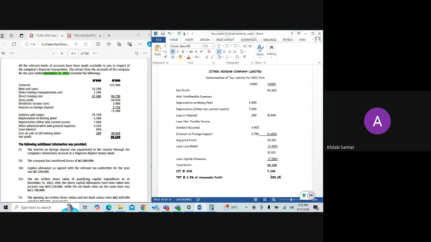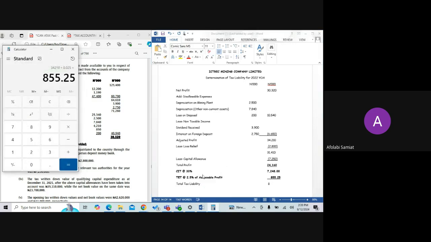What's the total tax liability? 7248 plus 855.25.